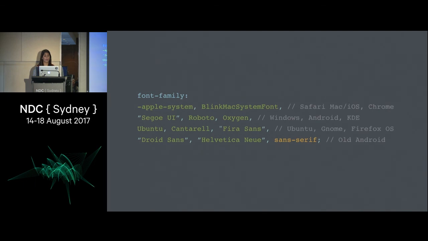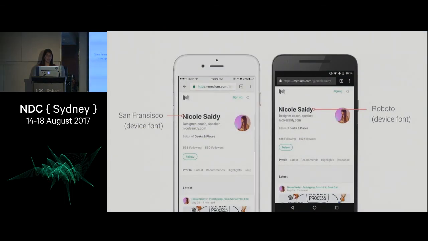So here, these are the fallbacks for each one. The Apple system is the San Francisco for Safari and on Mac, and the Blink Mac system is the San Francisco on Chrome, and the list goes on. So this is how it looks like. Actually, Medium does this. They also use the device fonts that I just showed you. And here, as you can see, on iOS, they use San Francisco, and Roboto on Android.